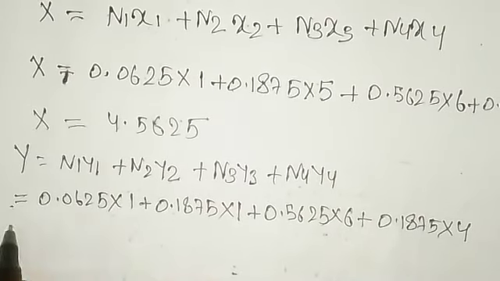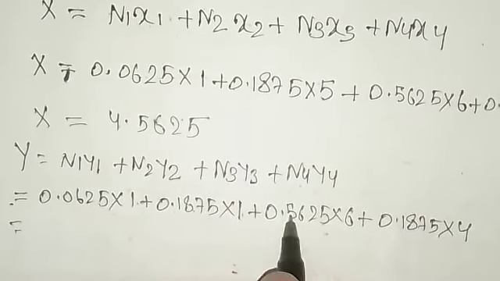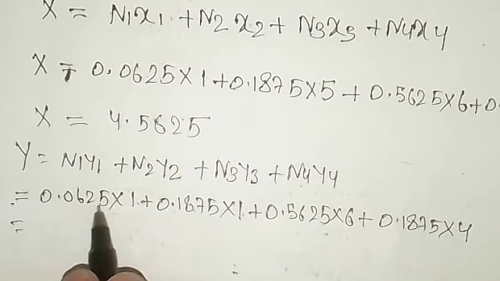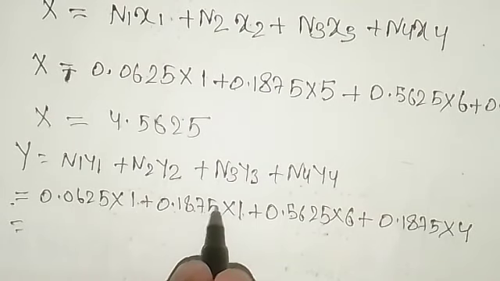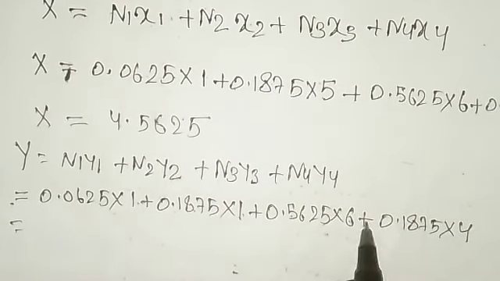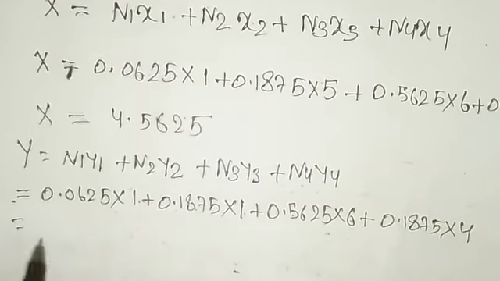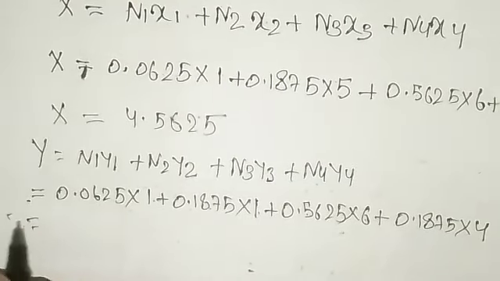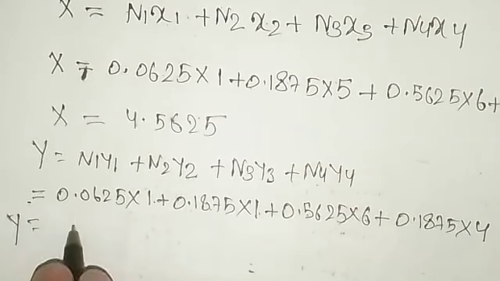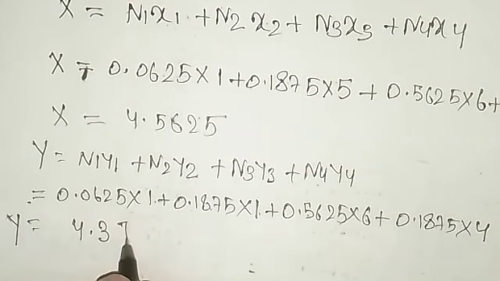So this is n1 y1, n2 y2, n3 y3, n4 y4. That is 0.0625 into 1, 0.1875 into 1, plus 0.5625 into 6 plus 0.1875 into 4. So the y value we got is y equal to 4.375.